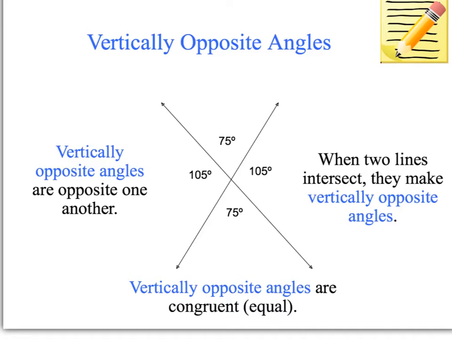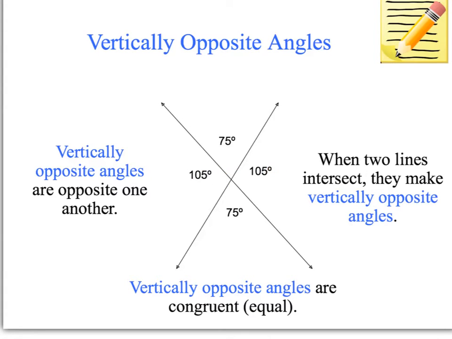Alright, so another type of pairs of angles are vertically opposite angles. So vertically opposite angles are when two lines intersect. You've got angles here. They are vertically opposite each other. So these ones are vertically opposite angles. And these ones are actually also vertically opposite angles even though they go horizontally.